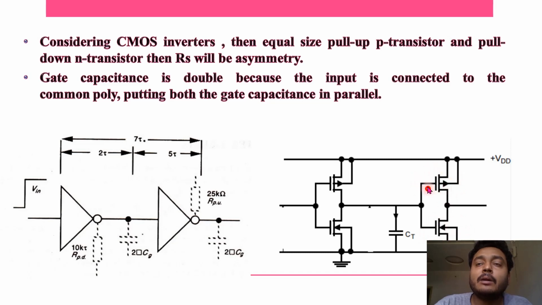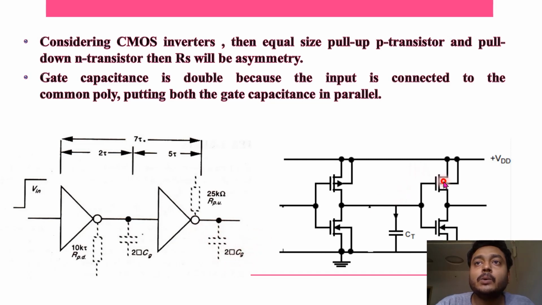When you come to resistance here, as I told you, it is approximately 2.5 times more resistance offered than your NMOS transistor. That means if this is RS, this PMOS is going to provide 2.5 times RS. So the resistance offered here is 2.5 times RS, and again the gate capacitance here is 2 times CG.